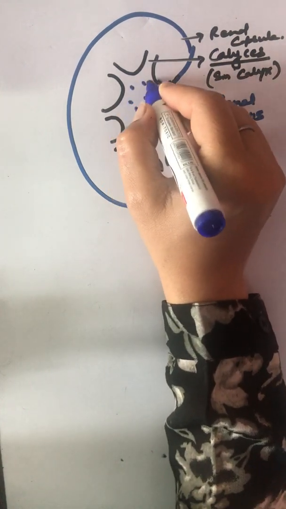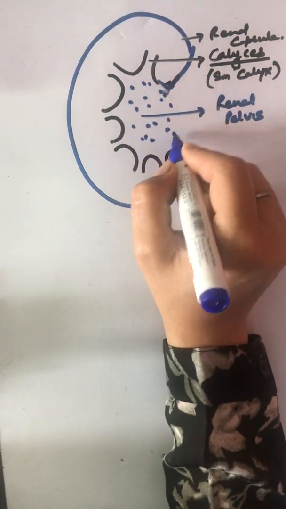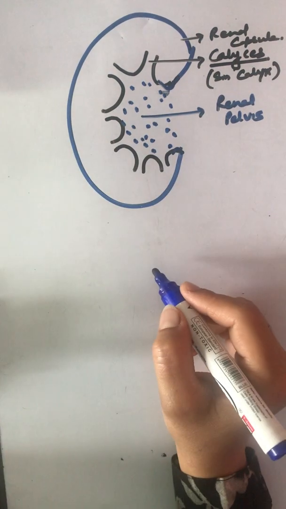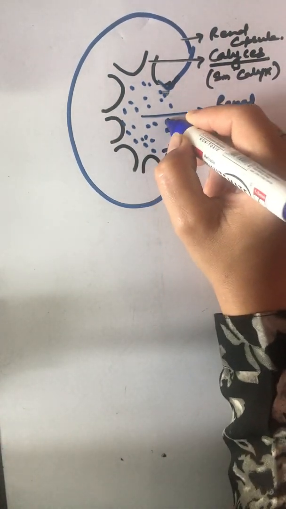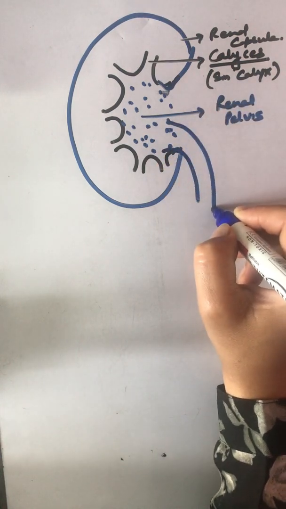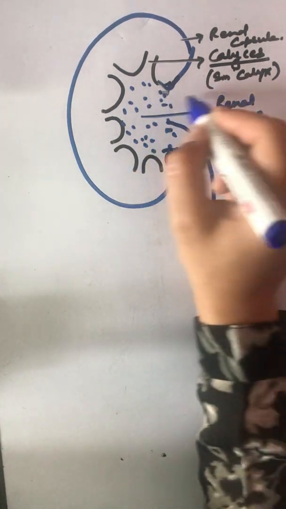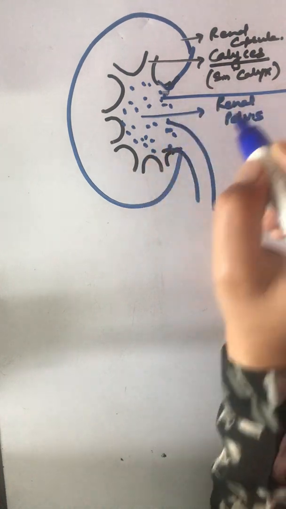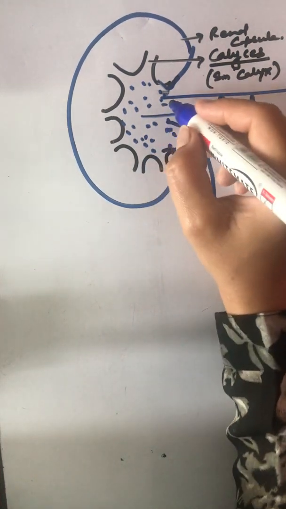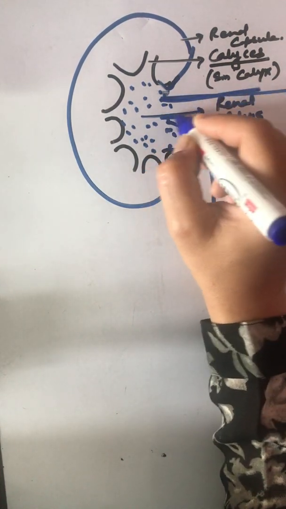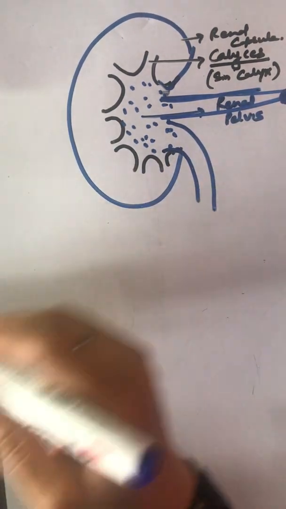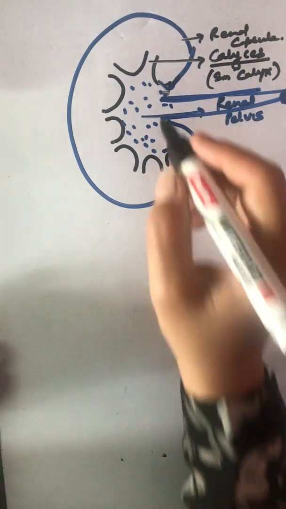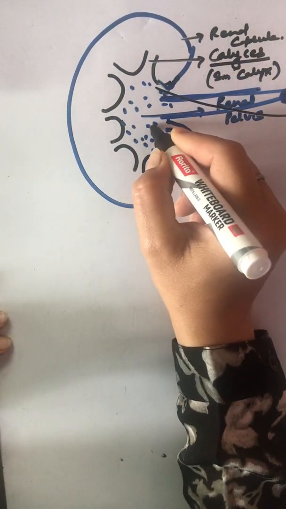From here the ureter will come out, and from here the renal artery and renal vein will move out. So we can draw it as well. This way the renal artery and renal vein will move out.